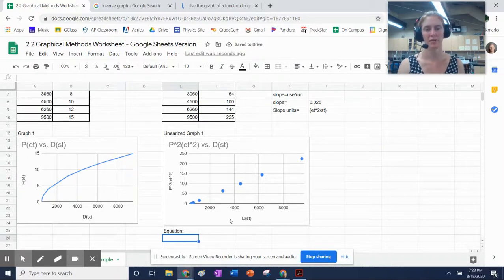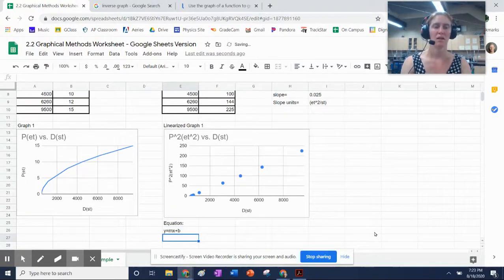So now I need to write my equation. How you write your equation is you first think of y equals mx plus b. Y is always on your vertical axis. Here my y-axis was p, now it's p squared.